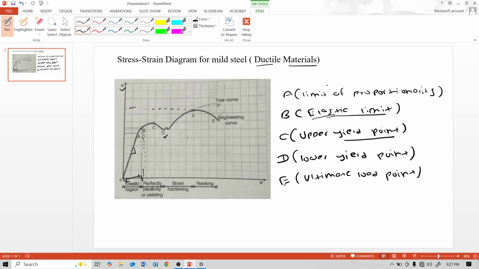At this stage, the cross-sectional area at a particular section starts reducing very fast. This is called neck deformation, and the load reduces to cause further extension. At this point E, necking develops. Consider this mild steel bar.